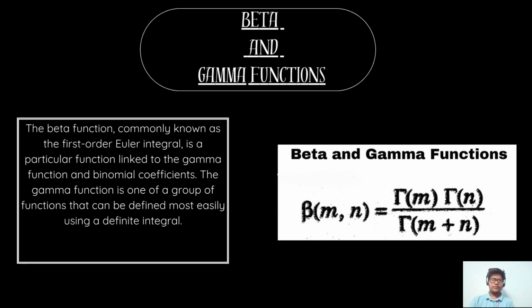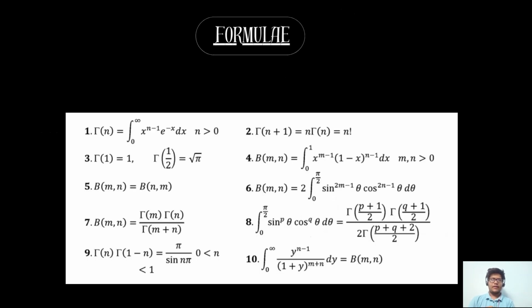So now let's see some important formulas of beta and gamma functions. Gamma of 1 is equal to 1, and gamma of 1 by 2 is equal to root pi. Similarly, one more important formula: gamma of n is equal to integral 0 to infinity x to the power of n minus 1 into e to the power of minus x dx, for all positive integers.